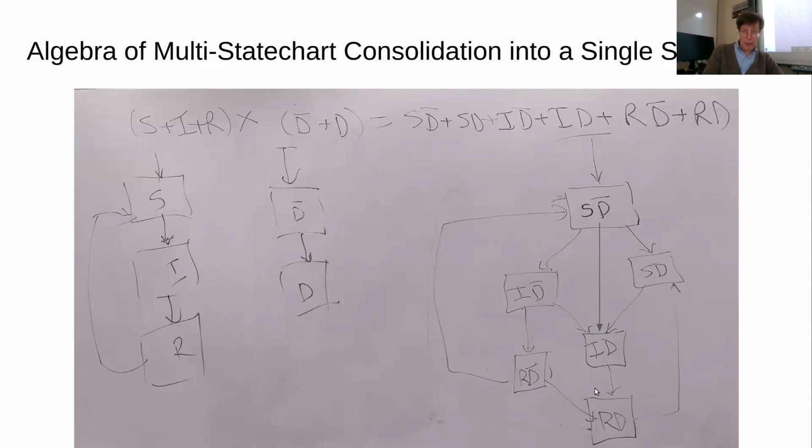Here we go for recovered. Here we go for susceptible. Here we go for infected without heart disease to infected with heart disease. All of those have this ability to develop heart disease, but it's spread out. It's kind of distributed here in a way that doesn't bring it out. Here, it brings it out.